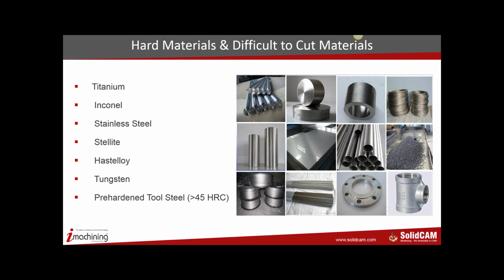For example, you would need a cutting force of almost 4,000 newtons per square millimeter for superalloy compared to 2,500 newtons per square millimeter for steel. So naturally, your machine has to be that strong to machine these components.